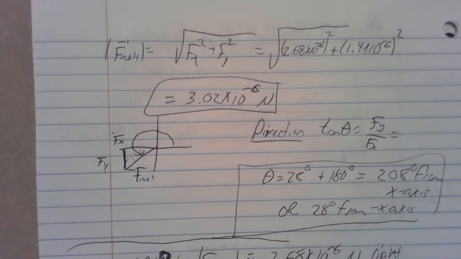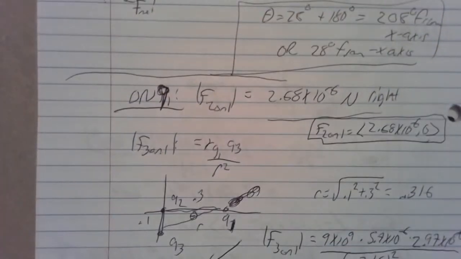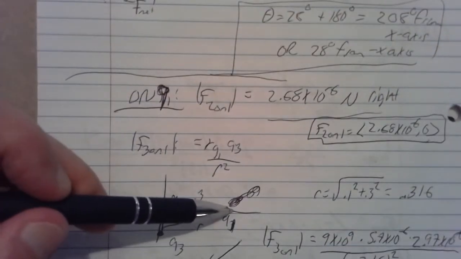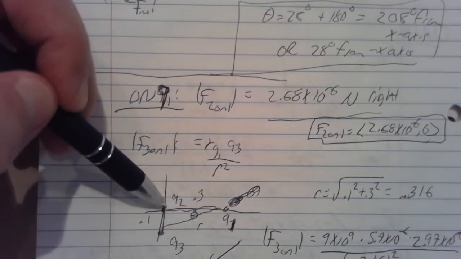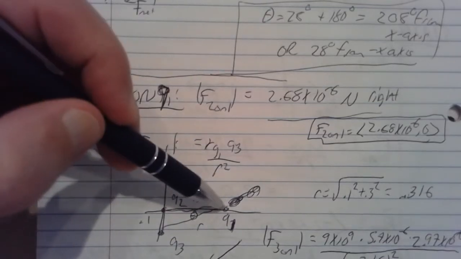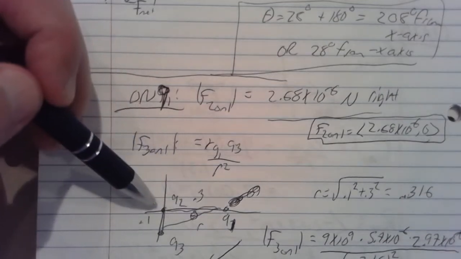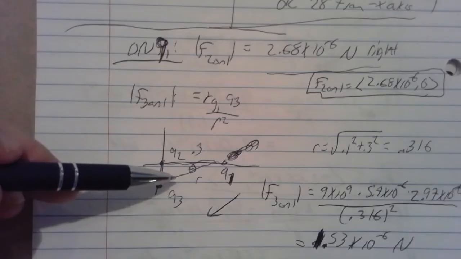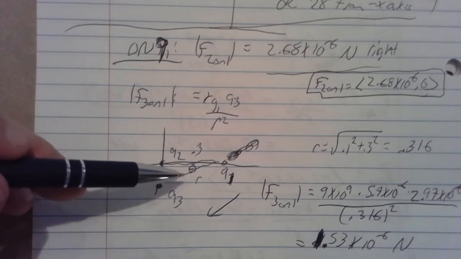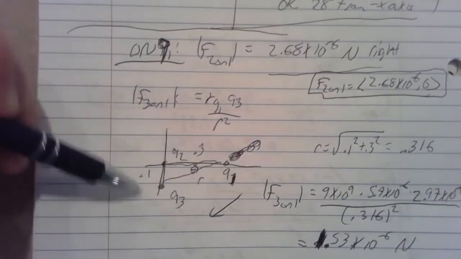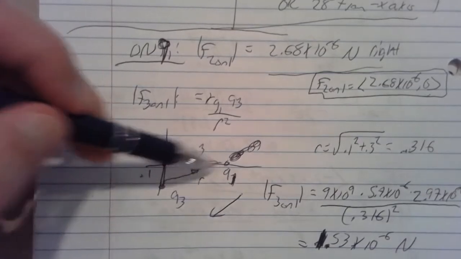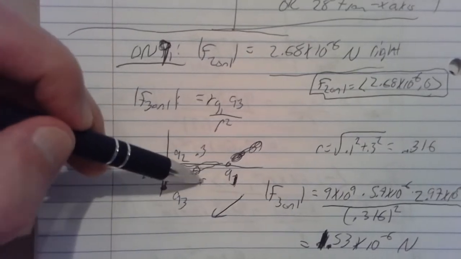Okay, now let's find the net force on Q1, on this charge right here. So Q2 is going to try to push our charge away. He's going to try to push him this way. Q1 and Q3 are opposites. He's going to try to pull him that way.